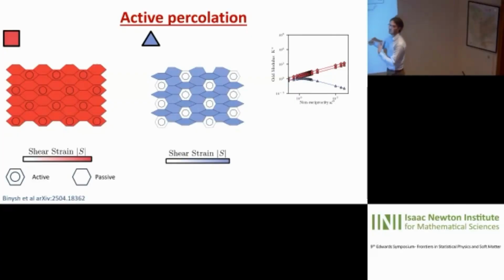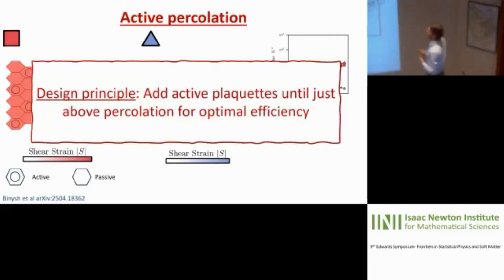But you can't use too few. So you want to add active plaquettes into your passive lattice until just above this percolation transition, and then you'll be able to get away with using few active components.